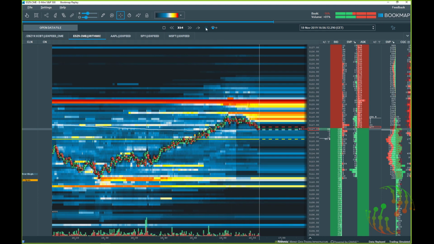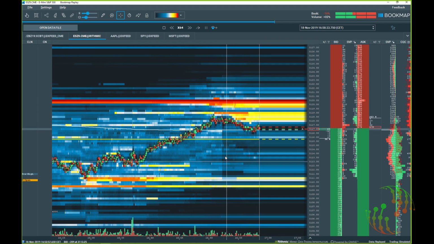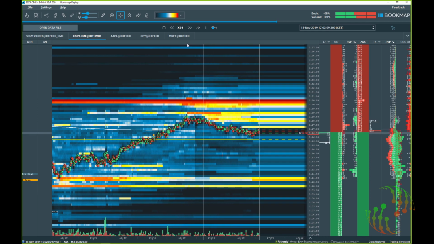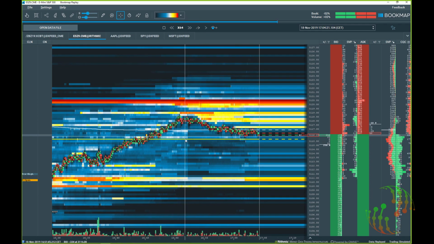Something happened. You see the liquidity was cancelled all over the levels here. And you will see these breaks here, these lines. See that?